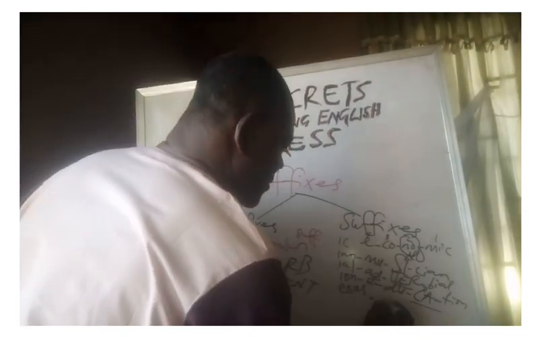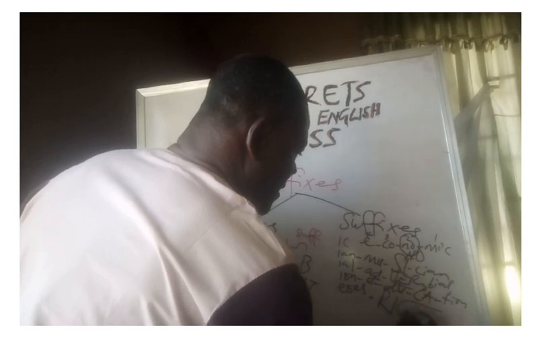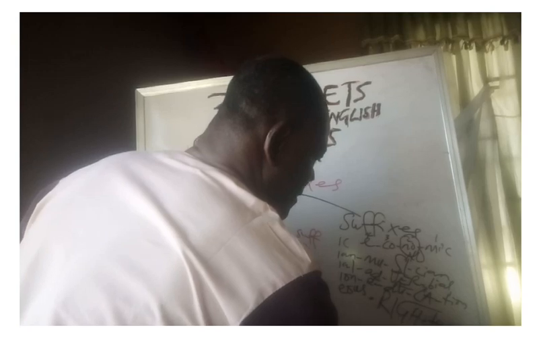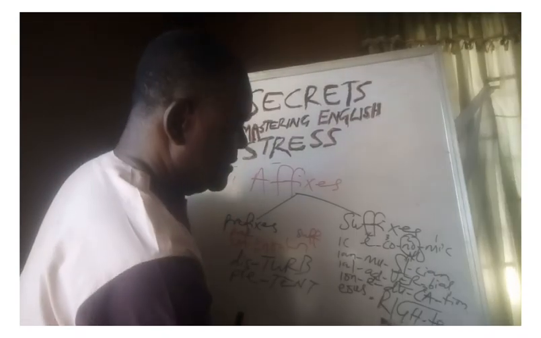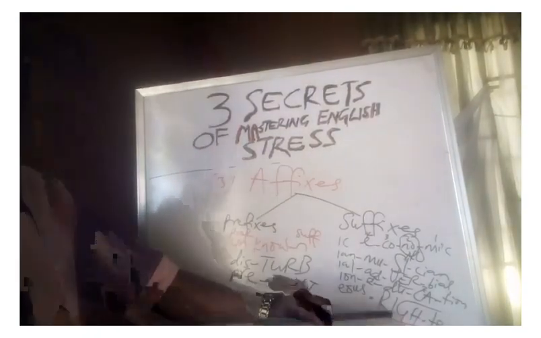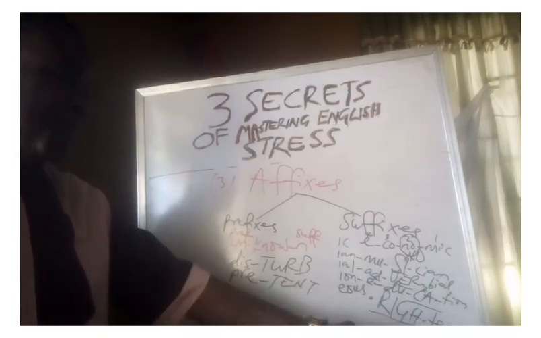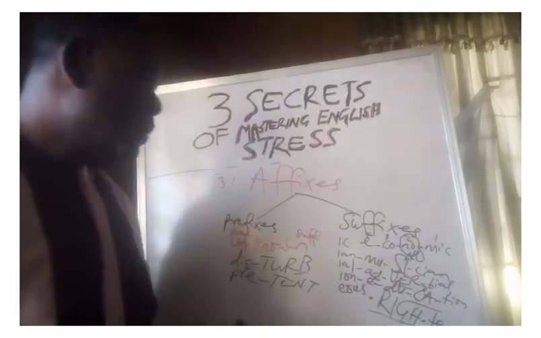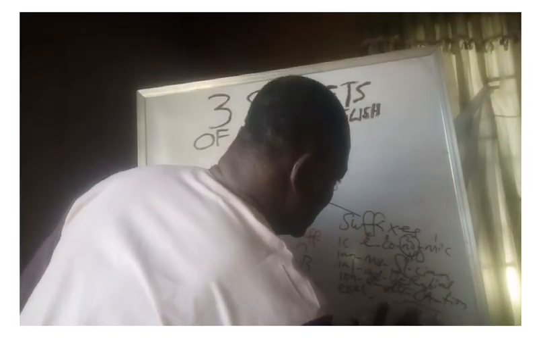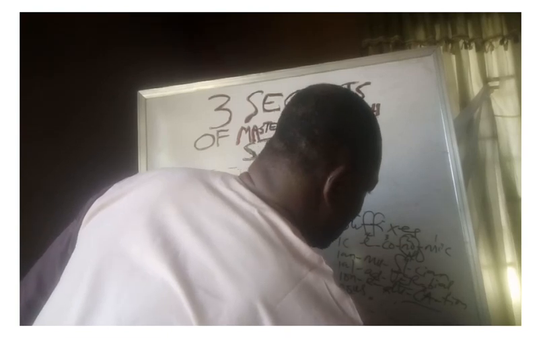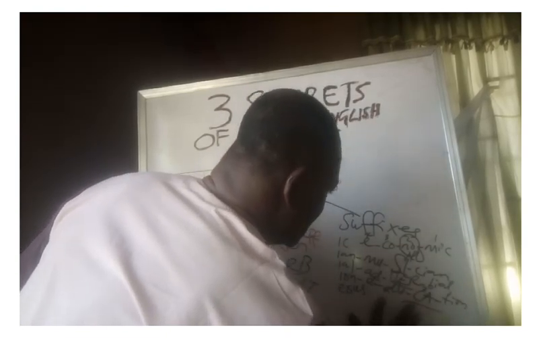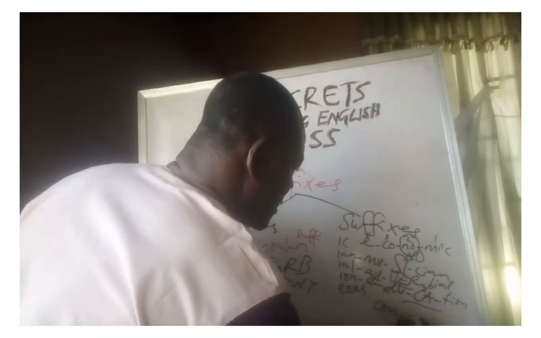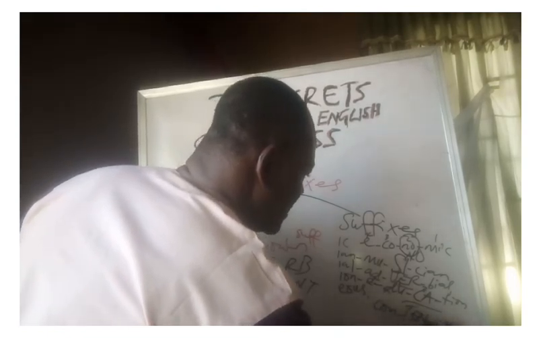Now if you have the word "right", of course this is two syllables, but the second from the end is stressed. Or let's look at one that has more than two syllables, the word "contentious".